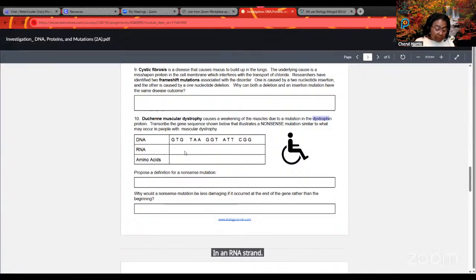So we have CAC, now we have AUU, and then we're going to have CCA, and then UAA, and GCC. Everybody should have written that down. I'll say it again. We've just transcribed the DNA into RNA.